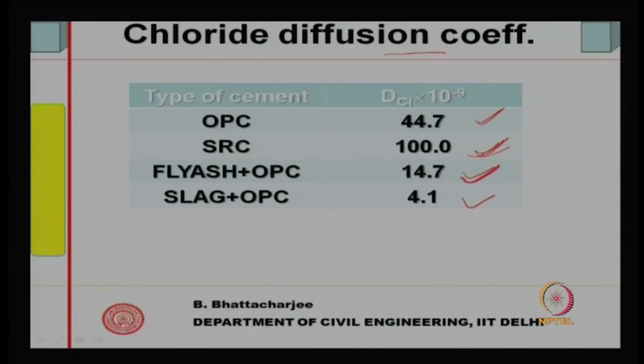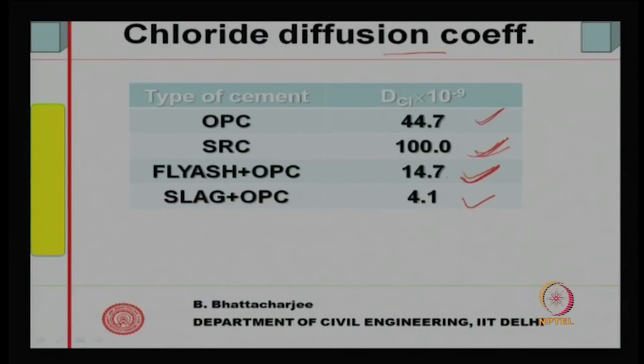There are two aspects in this. One, of all the chloride that goes into the concrete, some gets bound. Now, this binding is associated with C3A, tricalcium aluminate. So, sulphate resisting cement, which has the least C3A, shows high chloride diffusivity. OPC has some C3A, therefore it has high diffusivity compared to others, but this would improve with mineral admixtures, because the pore structure itself will be improved and nothing can penetrate through it.